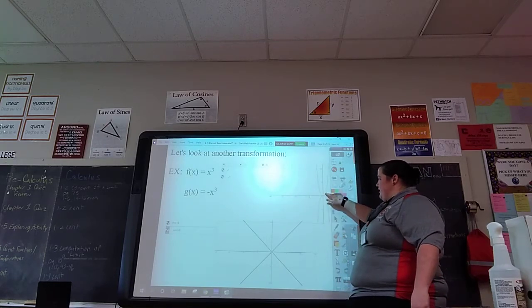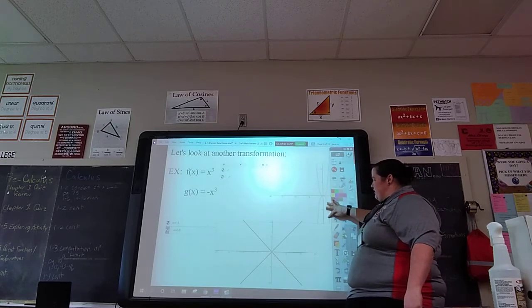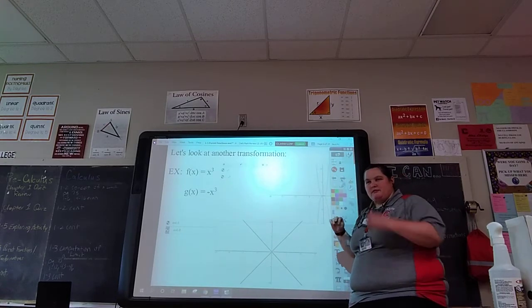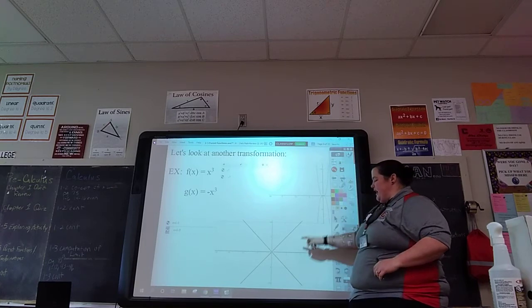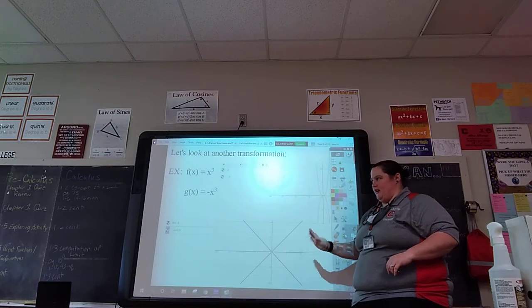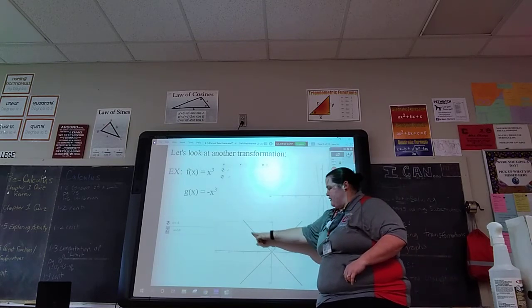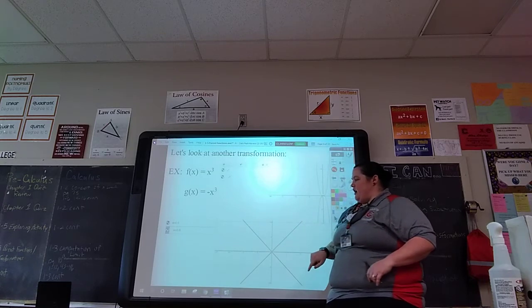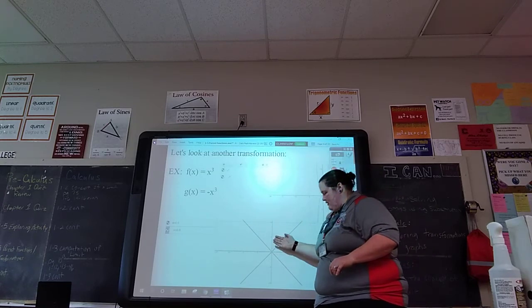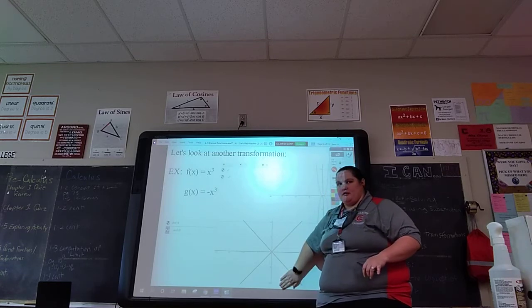And notice the second one, just by making it negative, now goes in the opposite direction. And then I did another one because it's really easy to see with an absolute value or a quadratic graph. So notice the black one is the original absolute value, and then all I did was make the absolute value negative, and then what happened to the graph? It flipped.